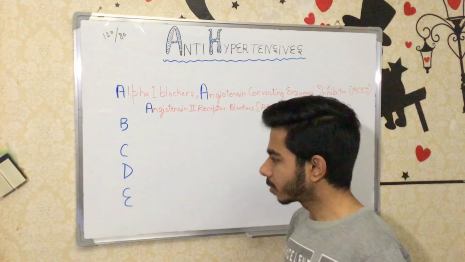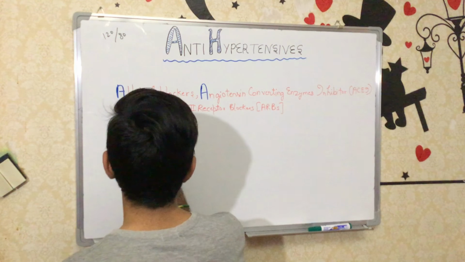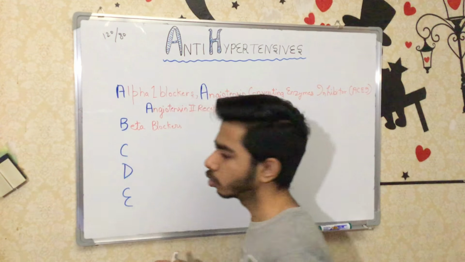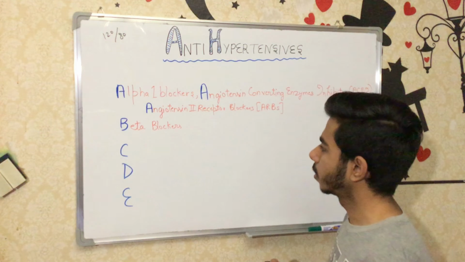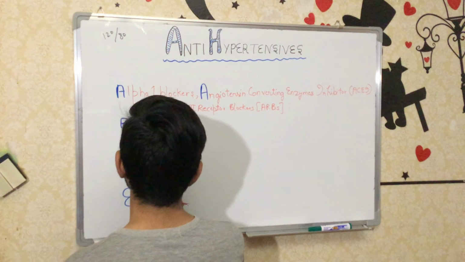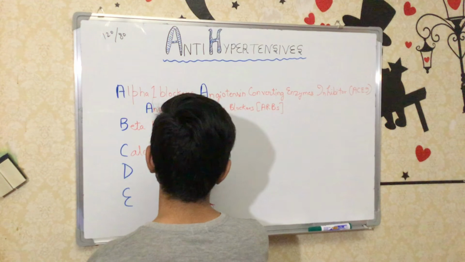With the B, we have beta blockers, either beta 1 blockers or both beta 1 and beta 2 blockers. With the C, we have calcium channel blockers.